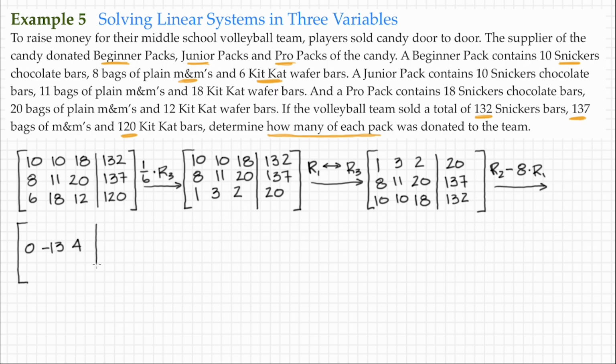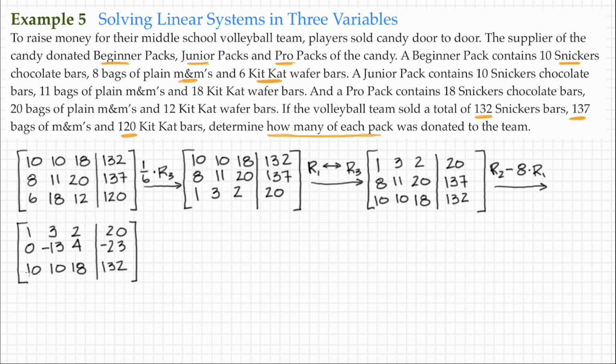Bring down the vertical line. 20 times 8, that's 160. 137 minus 160 is negative 23. We close off our bracket and fill in the rest of the elements: 1, 3, 2, 20, 10, 10, 18, and 132.